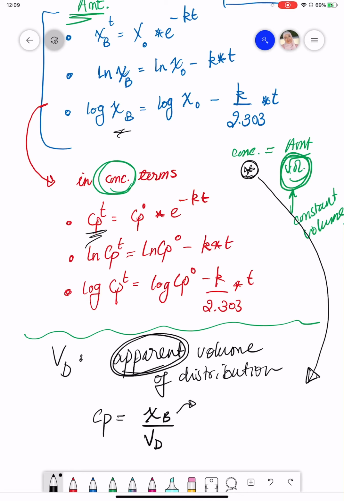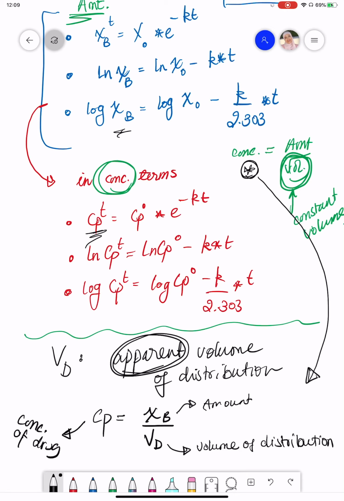So this is the amount, this is the volume, an apparent volume of distribution, and this is the measured concentration of the drug. And for sure this is the amount of the drug.